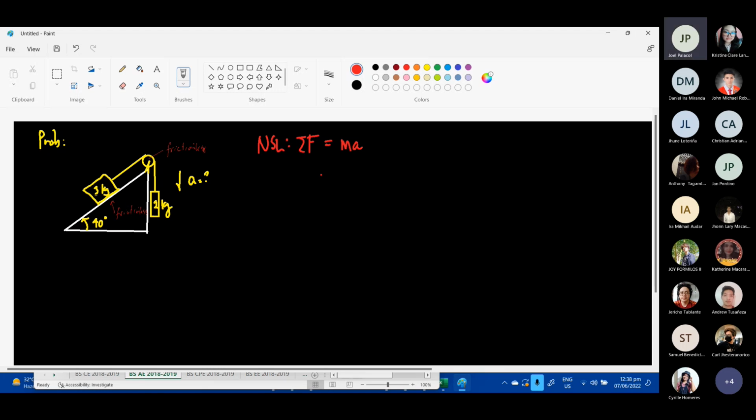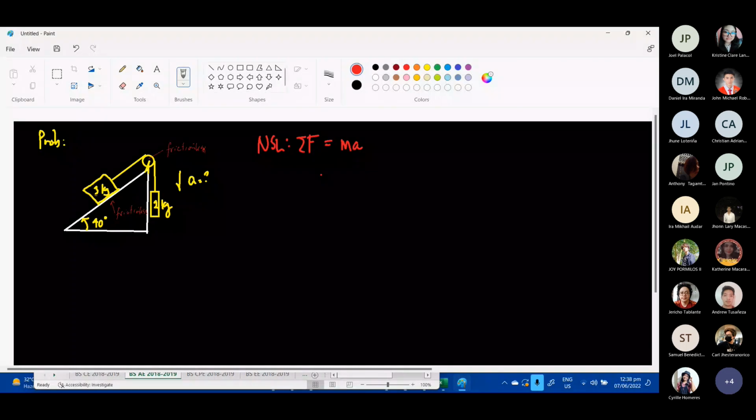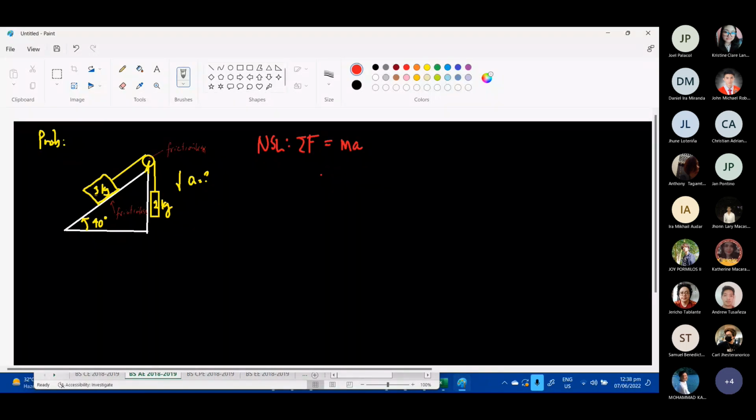Who would like to solve this? So let me begin. Let me isolate the 3 kilogram mass.